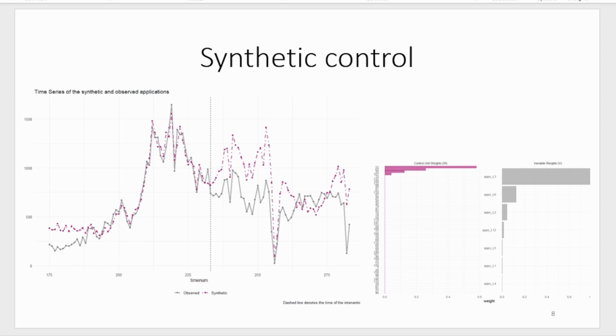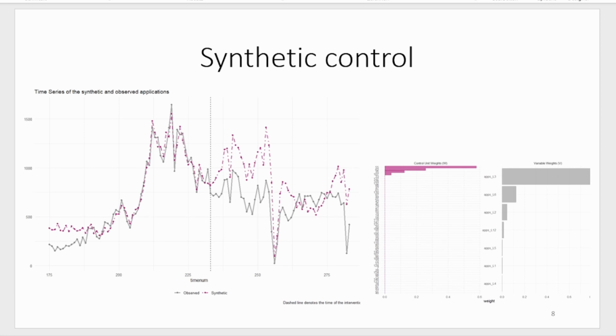Then there are a bunch of interesting statistics. Here you see the weights of single control units, so how important single cases were in matching the synthetic control. In this case, the most important countries which were used to create the synthetic replica were Guinea, Haiti, Colombia, and Nigeria, for some reason.